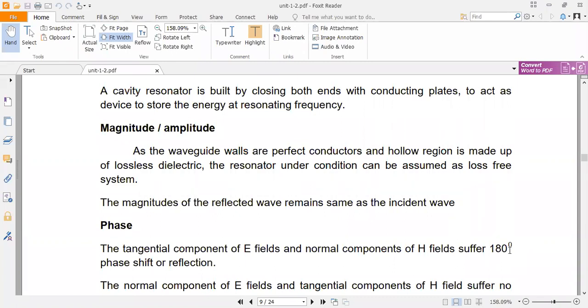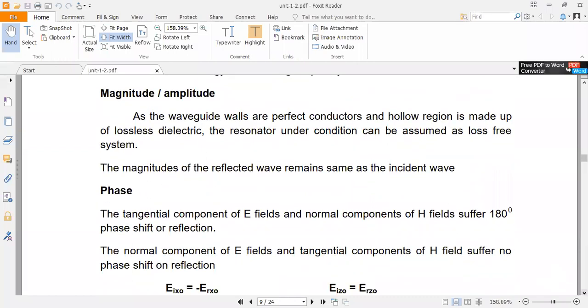The tangential component of electric field is continuous, whereas the normal component of magnetic field is continuous, at the conductor and dielectric boundary. We are using those boundary conditions once again. This point is very, very important. The tangential component of electric fields and the normal component of magnetic fields suffer a 180 degrees phase shift, whereas the normal component of electric fields and the tangential component of magnetic fields suffer no phase shift.